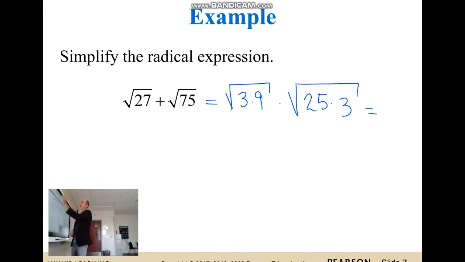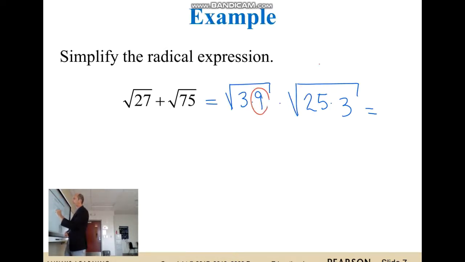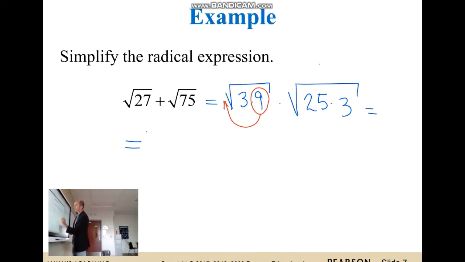Now we will be able to move factors outside of the radical. This 9 we can move outside because the square root of 9 is 3. So underneath we write 3 square root of 3.